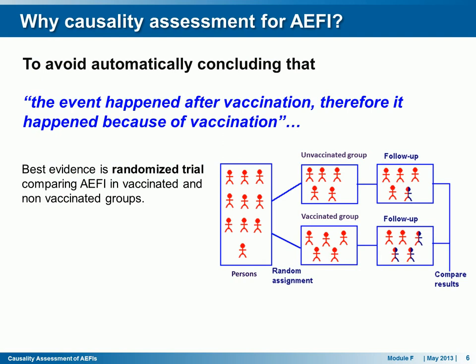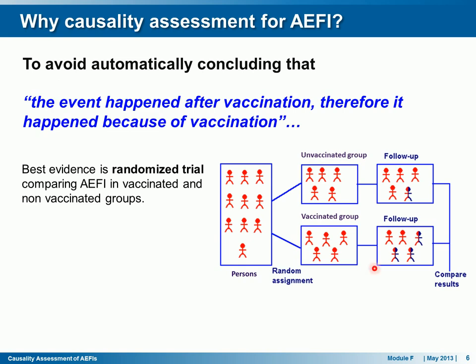Now, why do we want to do causality assessment for AEFI? We want to do causality assessment for AEFI to avoid automatically concluding that because the event happened after vaccination, it happened because of vaccination. The best way to do this is actually a randomized trial, where you divide people into a vaccinated group and an unvaccinated group, and then you follow them up over a period of time.